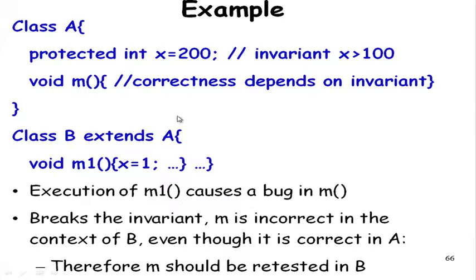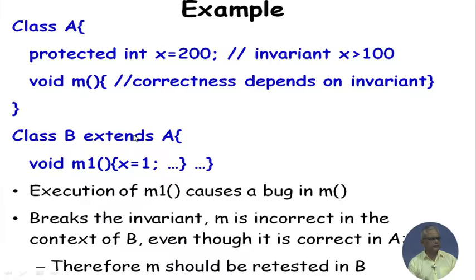But then some programmer extended the class A, and he did not really look into the code, just extended it, and here he introduced the additional method that he needed, M1, where he set the variable x to 1.